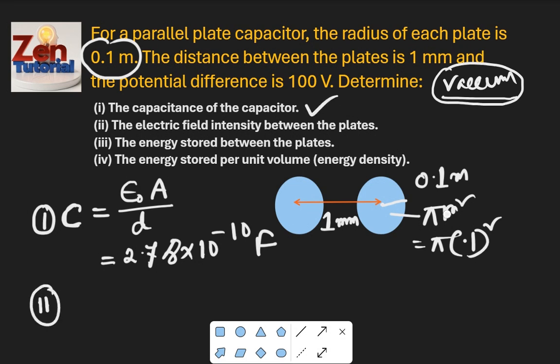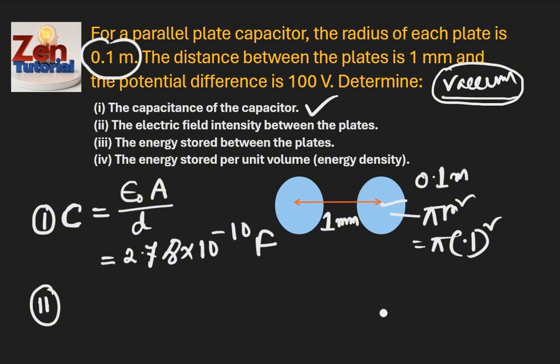So 1 done. Now, the electric field intensity between these two plates. Obviously, as they are a capacitor, they are connected by a potential difference of 100 volt.